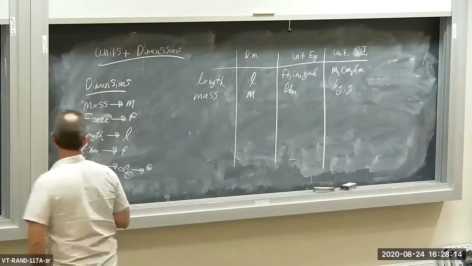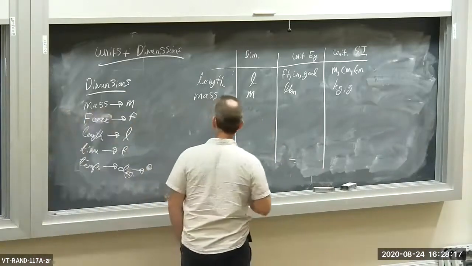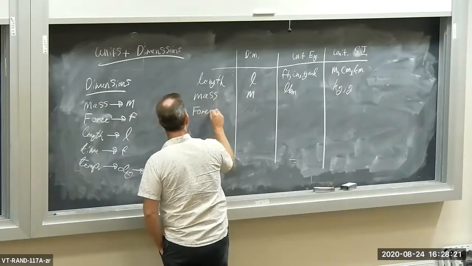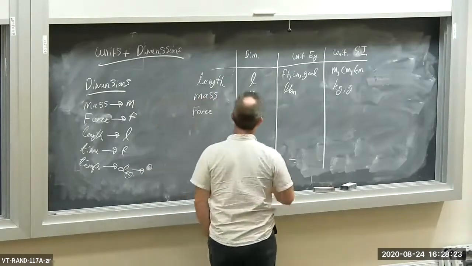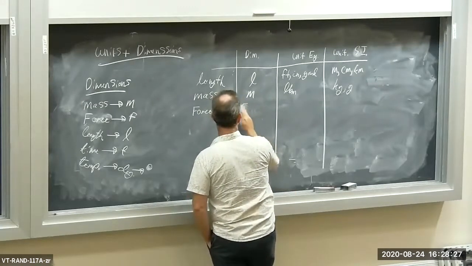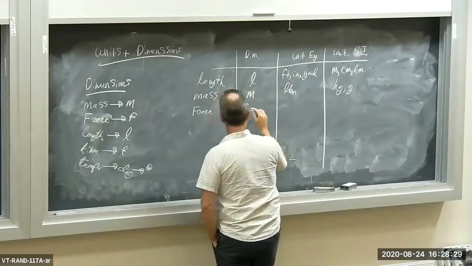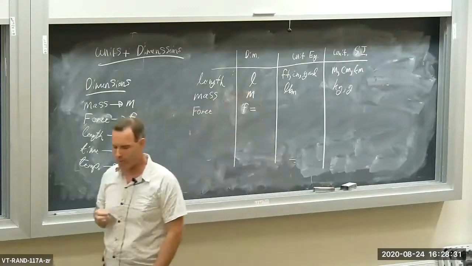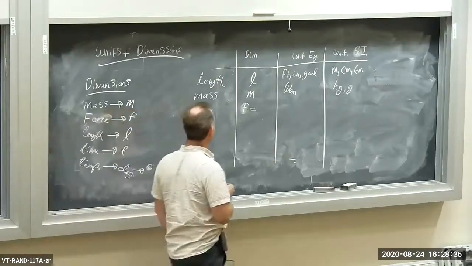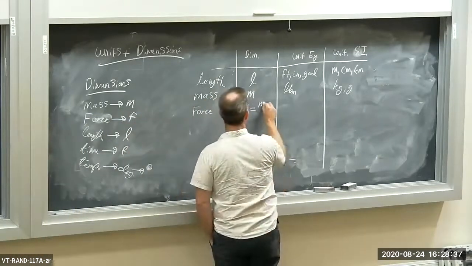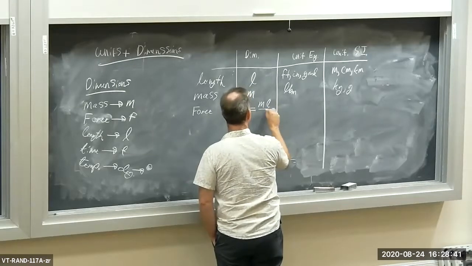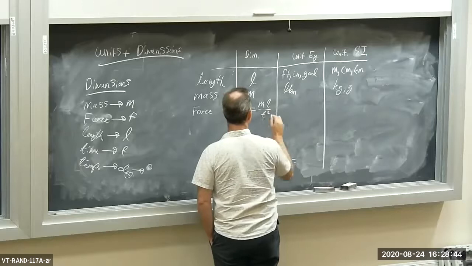What about force? Force has a dimension of F, or by the way, force is equal to a mass times acceleration. So F would actually be equal to M times an acceleration, that'd be a length per unit time squared.